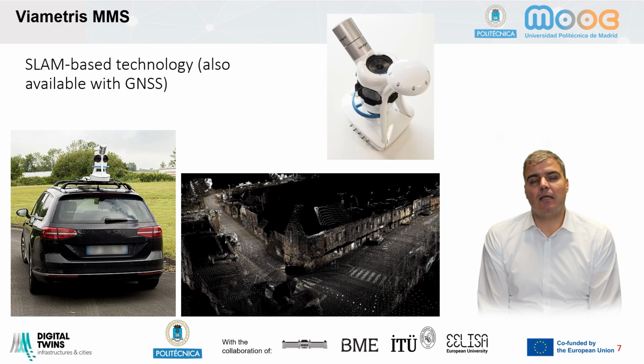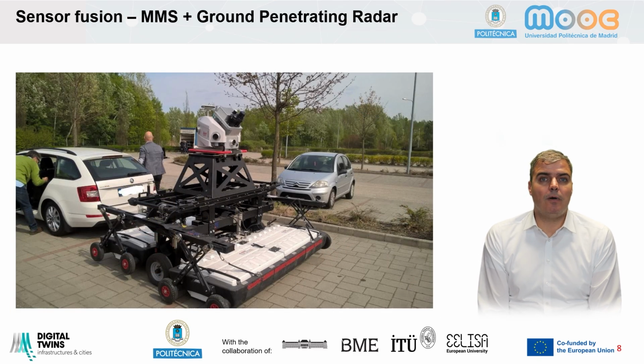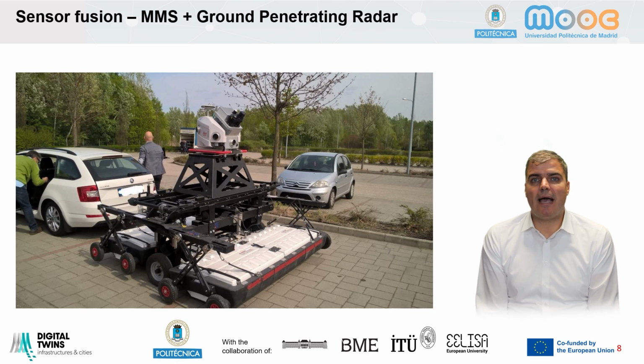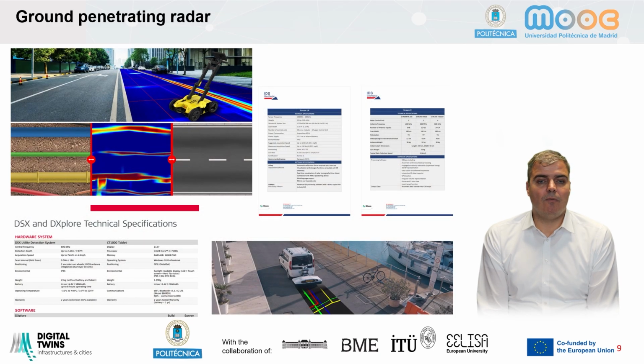You can fuse the data with other interesting sensors like ground penetrating radar when you want to check what kind of utility systems, pipes are underground, and what's their diameter and depth of build, and the current systems provide high accuracy. And again, I want you to pay attention to the technical specifications that provide information about the range, the ranging accuracy, and surveying environmental requirements.